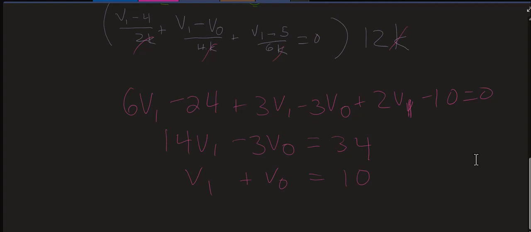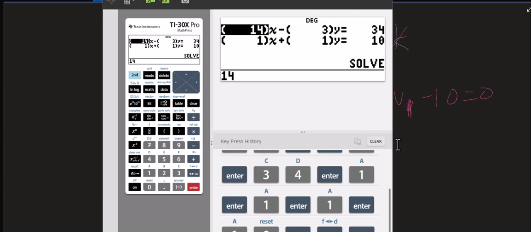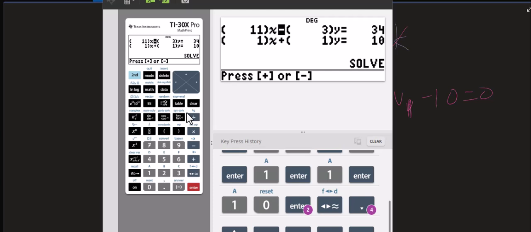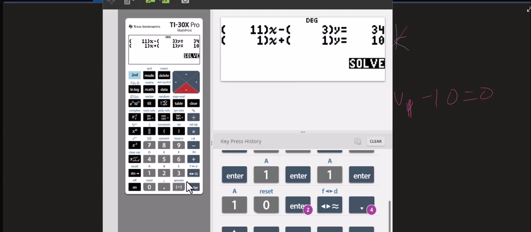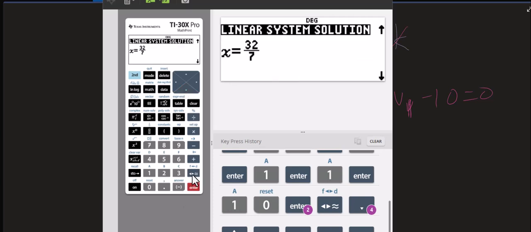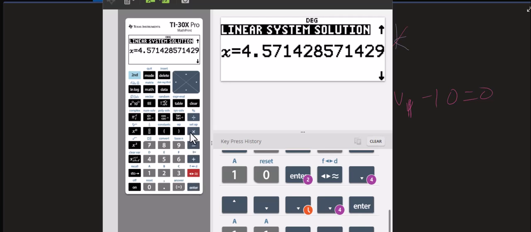I did not add correctly. 6 plus 3 is 9, not 12. So that should have been 11. 6 plus 3 is 9, plus 2 is 11. There's the right answer.